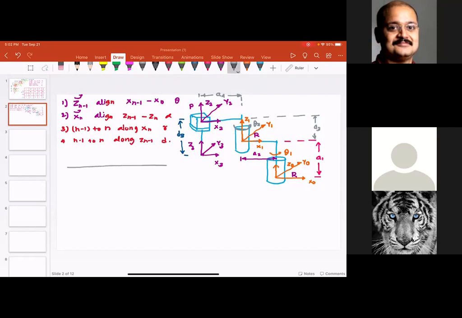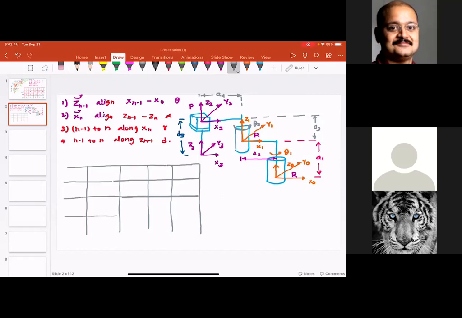Now I'm going to construct this DH parameter table. I didn't conclude in the last problem, but once you get those parameters, remember the boilerplate equation that I gave you in the last class, the big expression for H. Take those values, plug them into that big matrix, and then you should be able to get 0H1, 1H2, and 2H3.